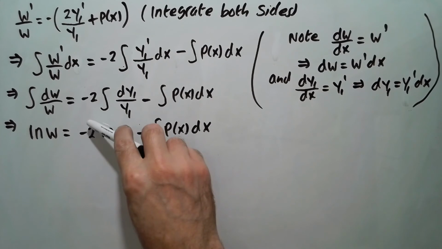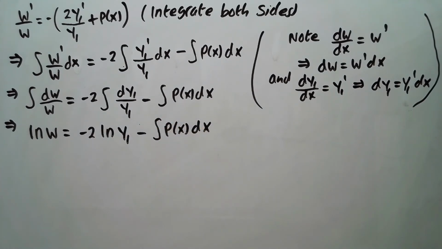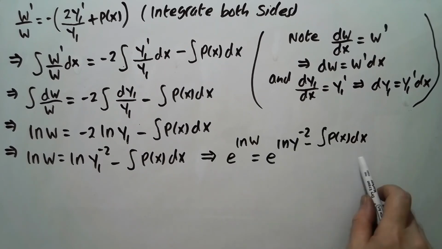Now let's bring the -2 up on the exponent on the y1 here. So doing that, we get this. Now let's get rid of the ln's by exponentiating both sides with base e. So we get this then.